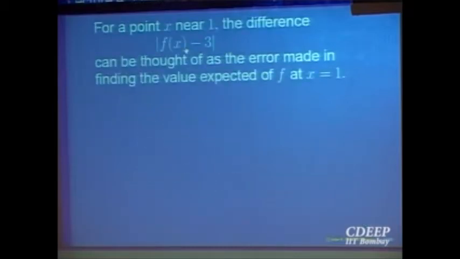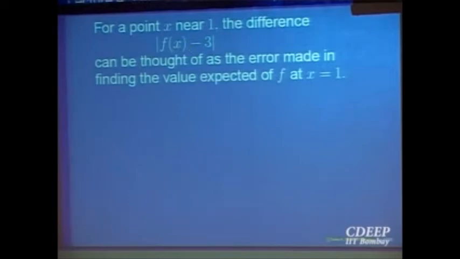Now let us look at this difference, f(x) minus 3. Look at a point x close to 1. What will be the value of the function at that point? f(x). And the natural value that we are predicting is 3. So what would you like to call this difference, f(x) minus 3?